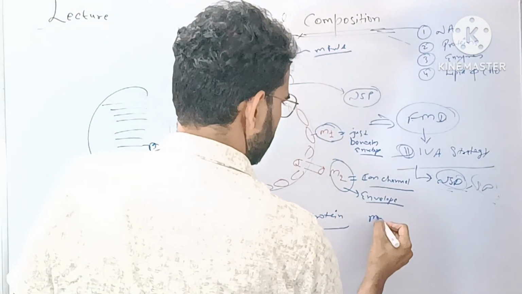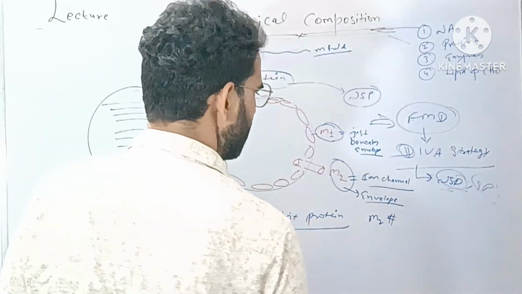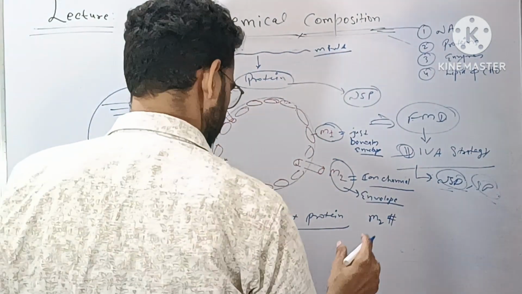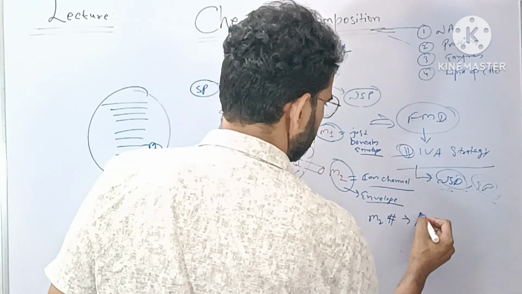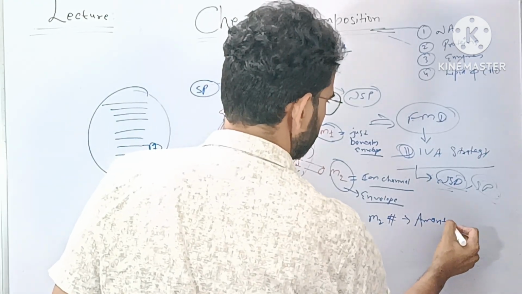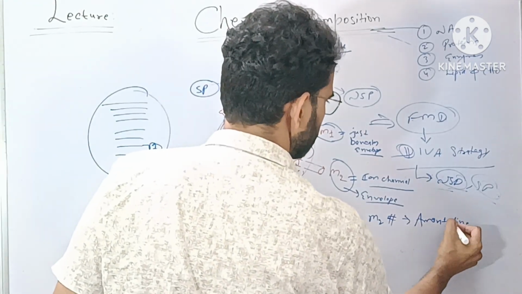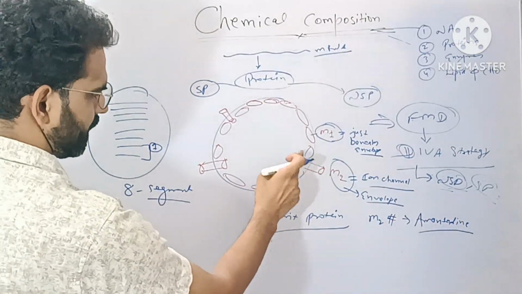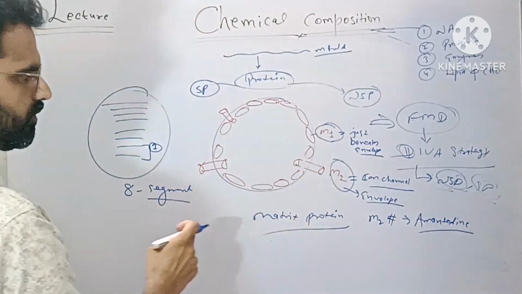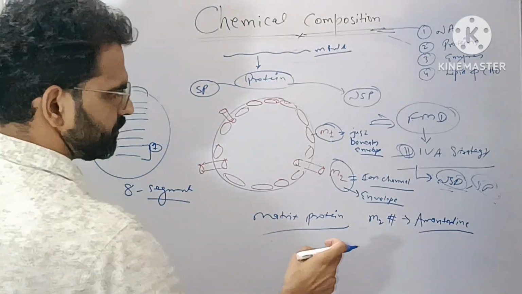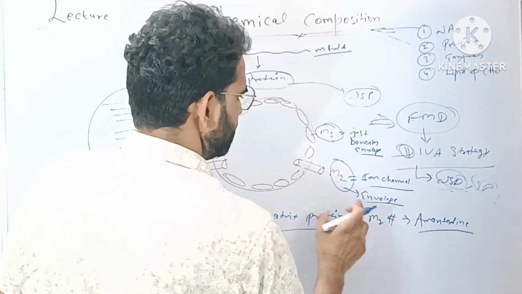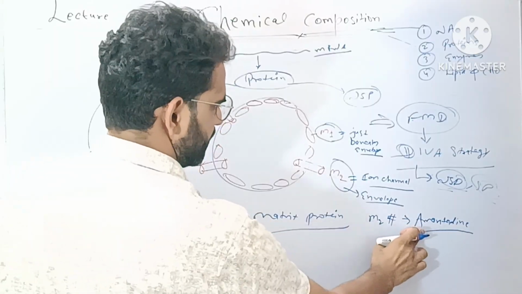So we have M2 blocker antiviral drugs, known as amantadine. This virus has the M2 channel, and that is involved in replication. So if we block this ion channel with the drug amantadine, we can block the replication of the influenza virus.